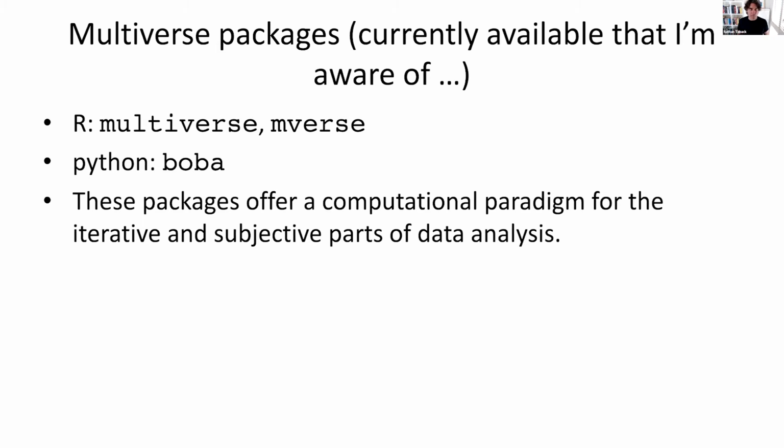In Python, there's a package named Boba. The R packages are available on CRAN, and Boba is available on PyPI. And I think what these packages offer is a computational paradigm for the iterative and subjective parts of data analysis. And let me show you why.